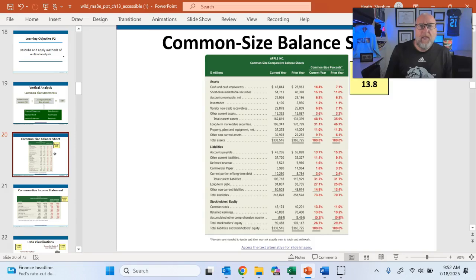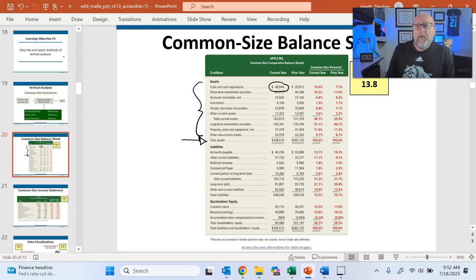Okay, so what we typically do is we identify a base, and when we're looking at the balance sheet, that base is usually total assets. And then we present everything else as a percentage of total assets, right? So here in the current year, I've got 48,844 in cash.